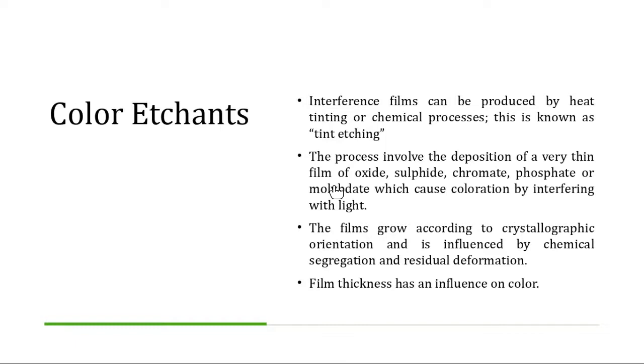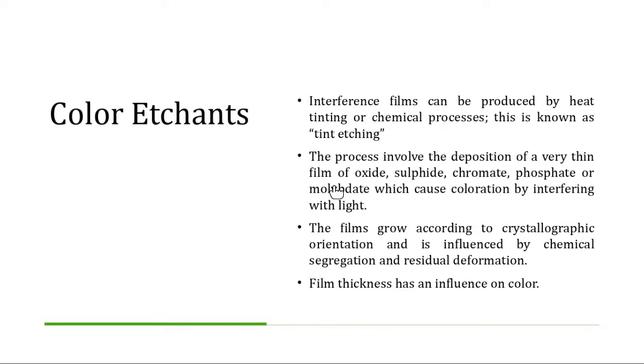The process is essentially the deposition of a very thin film, whether that film is an oxide, sulfide, chromate, phosphate, or molybdate film. It's going to cause coloration by interfering with the light from the light microscope.